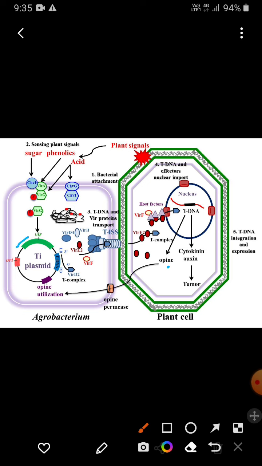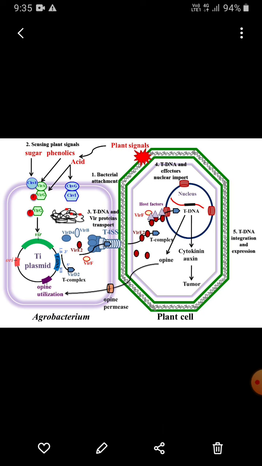Then this good gene will be inserted inside the plant nucleus with the help of the vir genes, the mechanism they usually use in transferring the T-DNA. That is how the entire gene transfer mechanism was developed.